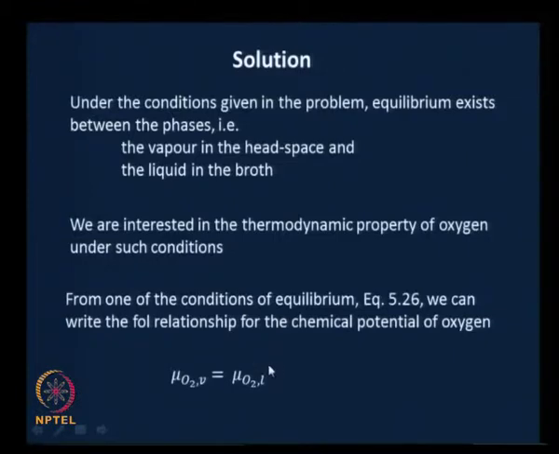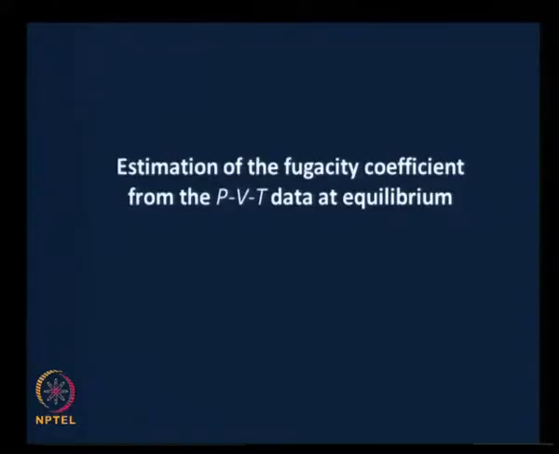Okay. So, you would have had a chance to look at whatever we have developed in the context of a real situation. Let us move forward. What we are going to see next is the estimation of the fugacity coefficient from the pressure, specific volume, temperature data at equilibrium.